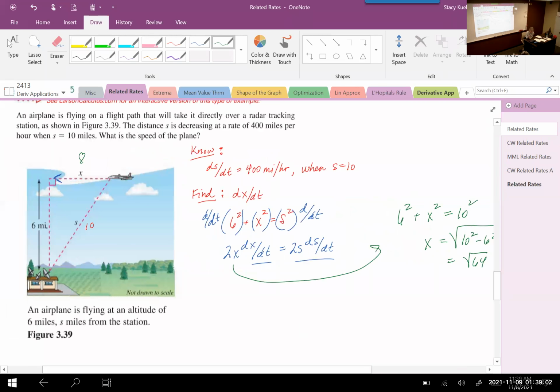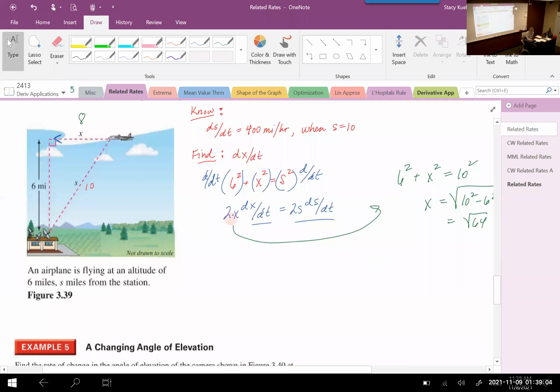And that's what we're going to use to plug in for that missing piece here. So I can come back in and I can say, okay, 2 times 8 dx dt is equal to 2 times 10 times 400, because that was ds dt.